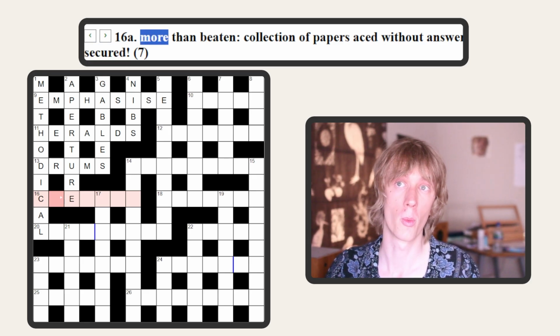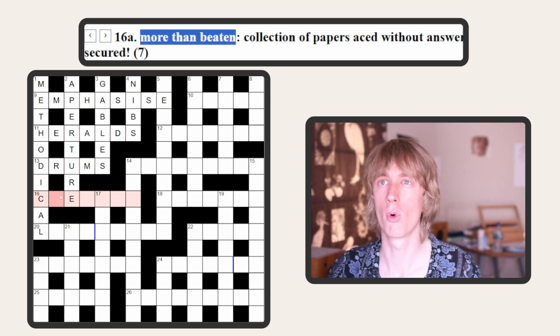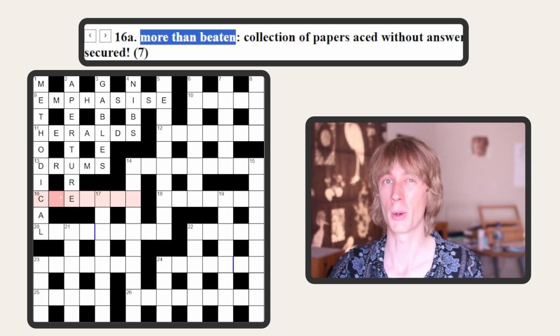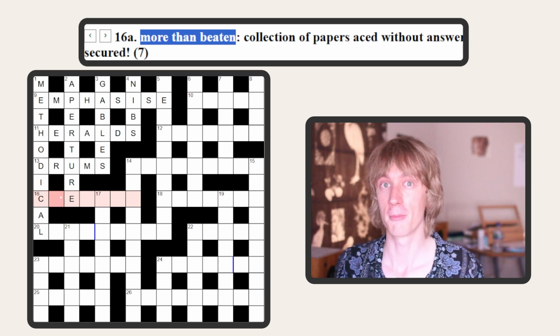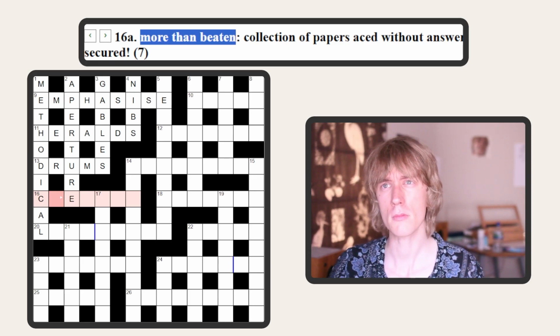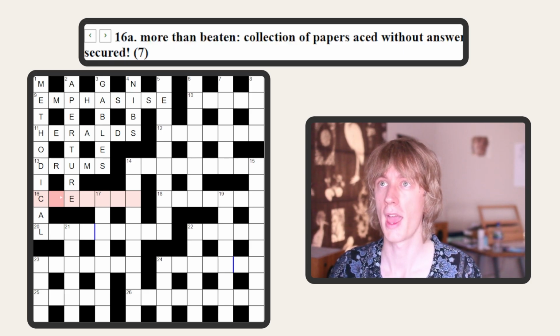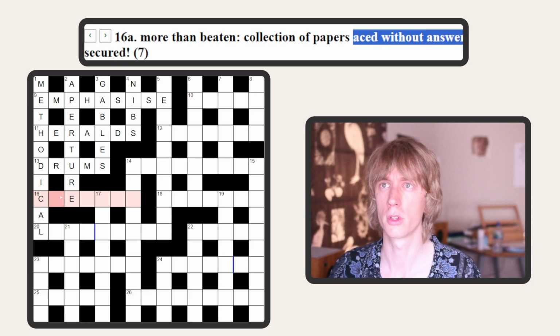So it could just be a word meaning more, but more than likely it's this whole string here, more than beaten. We want a word that means kind of an excessive beating, right? More than beating something. Okay, and we're going to get there through collection of papers aced without answer secured.